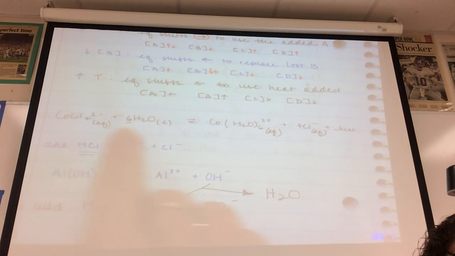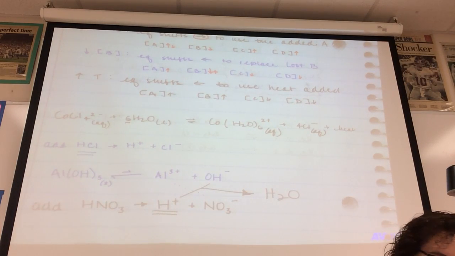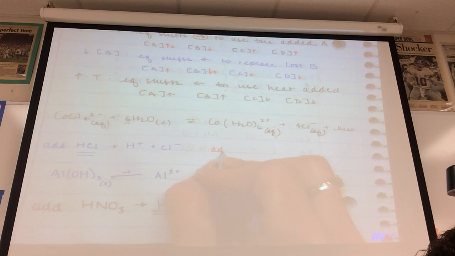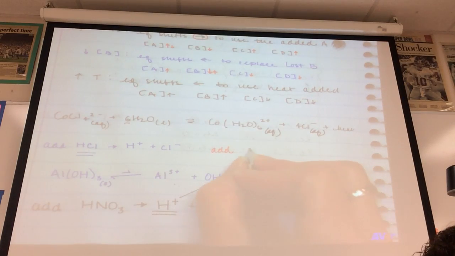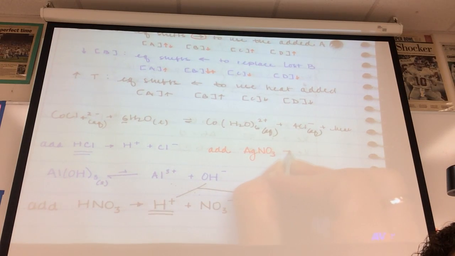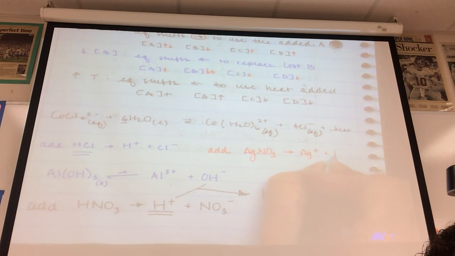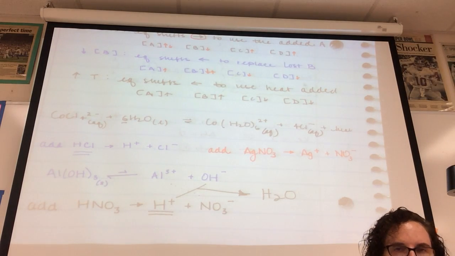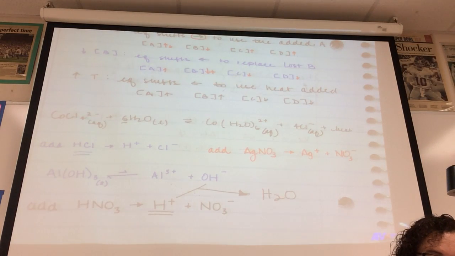All right? Going back to this problem here, let's say that I add silver nitrate. How do you know that silver nitrate is water soluble? All nitrate containing compounds are water soluble. So you're effectively adding this. Nitrate's not going to hook up with anything because it's always water soluble in a compound.